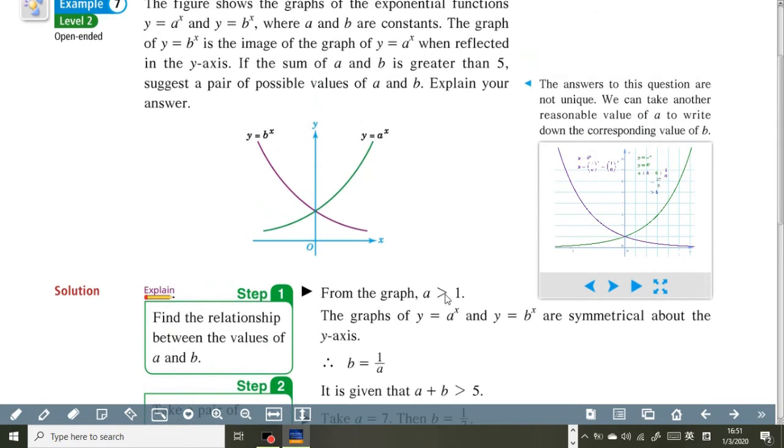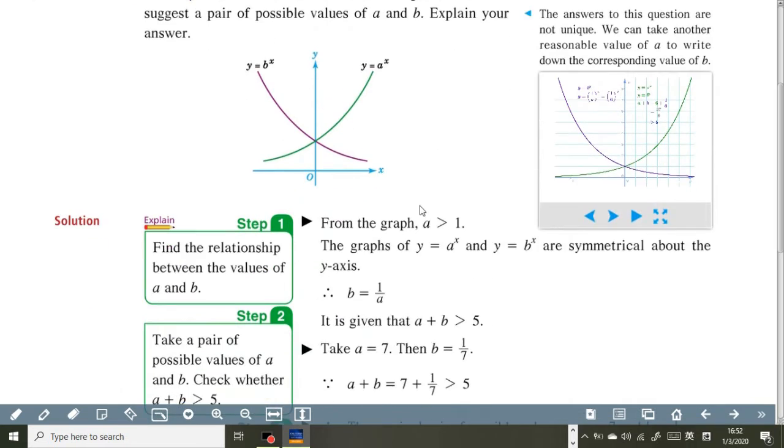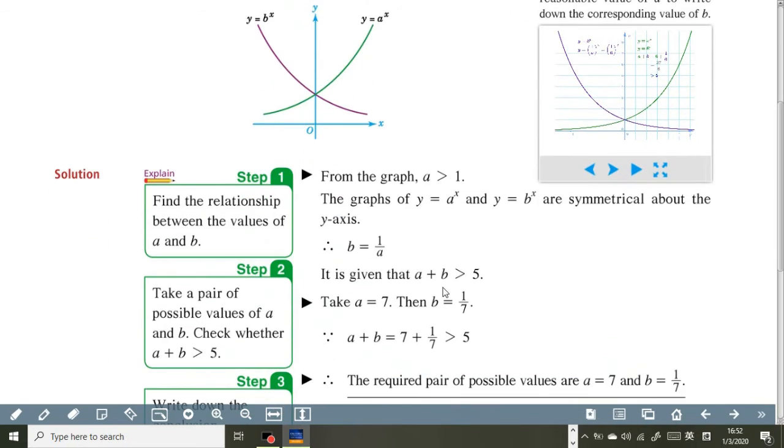The first one: a is greater than 1, and also the graph of y equal to b to the power x is symmetric to that of a about the y-axis, so that means b is just the reciprocal of a, so b is 1 over a. And the second piece of information provided by the question is that the sum of a and b is greater than 5. So we add these two values together, which is greater than 5.